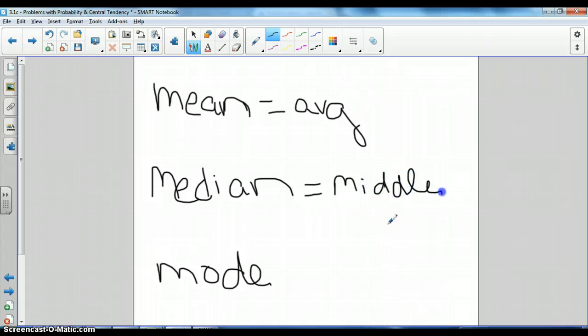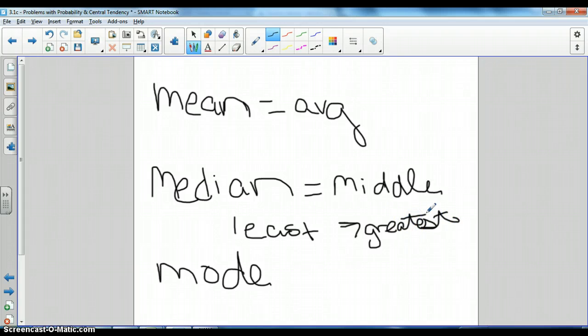That's going to be your middle number, but you have to make sure you put your numbers from least to greatest, and then the number in the middle is the median. If you have an even set of numbers, so there are two numbers in the middle, you're going to find the mean. So you add up the two middle numbers, divide them by 2, and then you'd have the median.